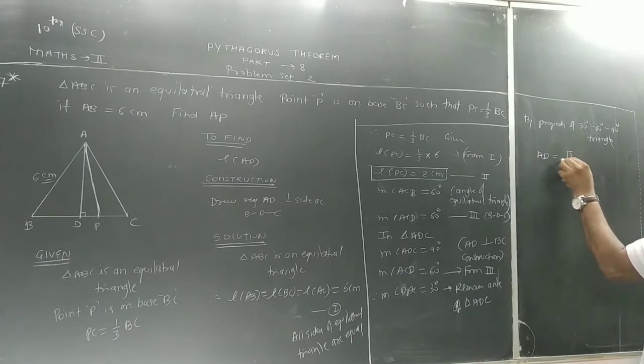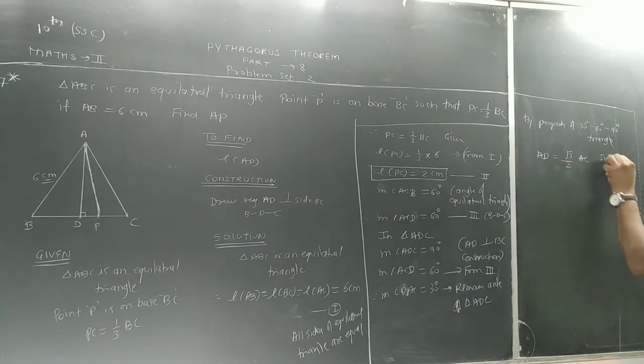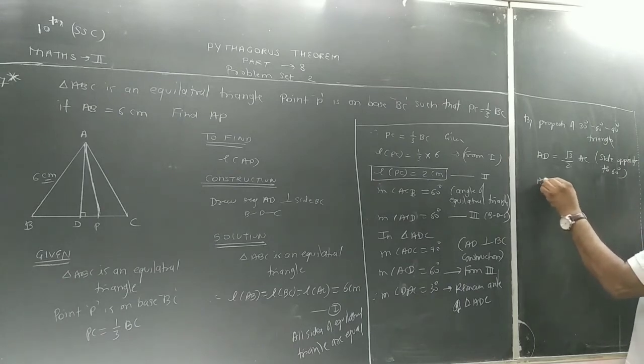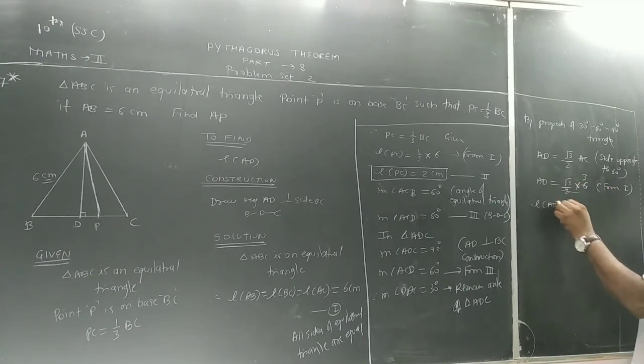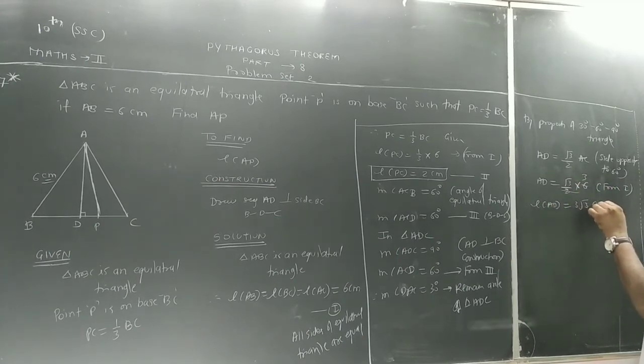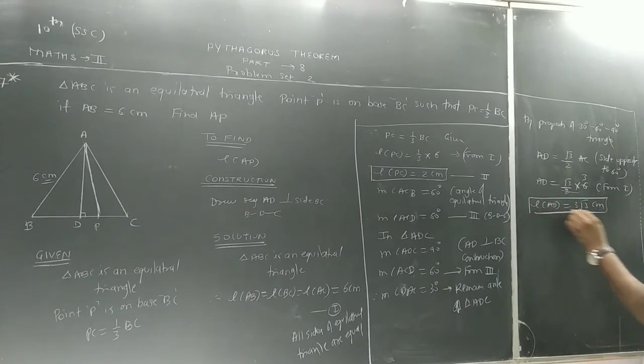AD is √3 upon 2 times the AC, the side opposite to 60 degrees. So AD is equal to √3 upon 2 into 6, we can write from 1. So length AD is equal to 3√3 centimeter. This is equation number 4.